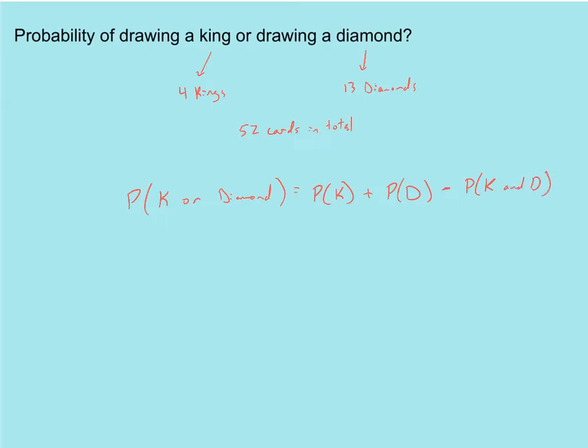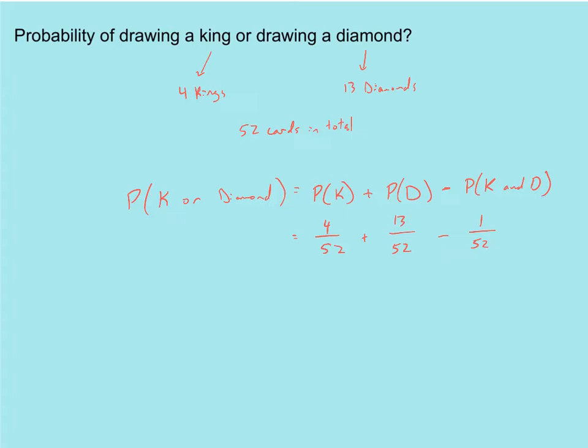Okay, and are there any kings that are diamonds? The answer is absolutely. There's one of them. So we take our 4 kings out of 52 cards in total, plus 13 diamonds out of 52 cards in total, minus 1 out of 52, the king of diamonds, because that king of diamonds was counted in the 4 and in the 13.